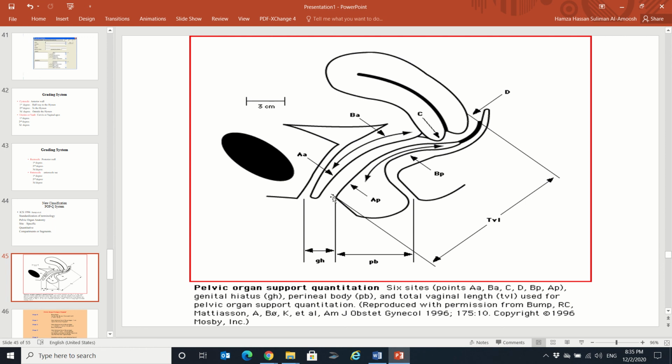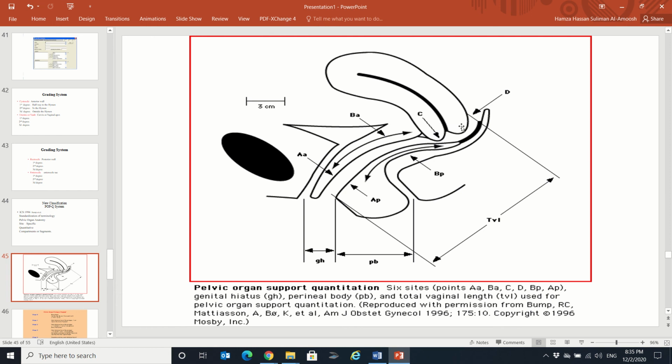This area from here to here is the total length of the vagina. The total vaginal length should be 9 to 10 centimeters. If it's less than this, then this is a short vagina. Now, this area is the cervix.